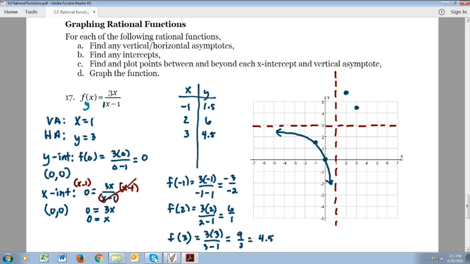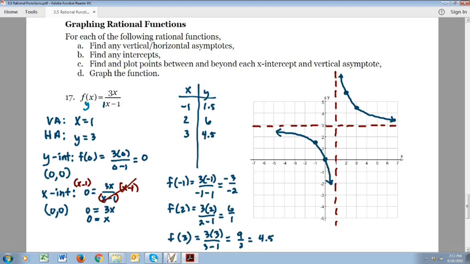As we're going to the right, we're going to approach the horizontal asymptote. Again, the end behavior is dictated by the horizontal asymptotes. And then as we go to the left here, we're going to get closer and closer to that asymptote, but we can't pass it. So it'll look something like that.